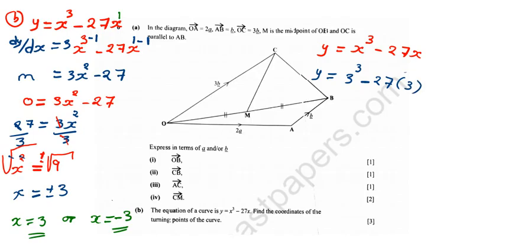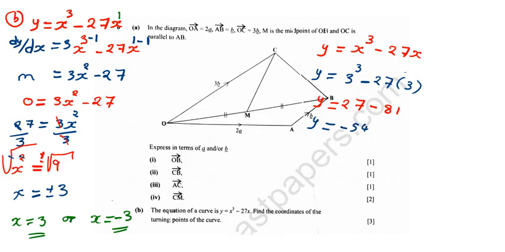So y is equal to 3 to the power 3, which is 27, because I'm multiplying 3 times 3 is 9, 9 times 3 is 27. Then negative 27 times 3 gives negative 81. So y is equal to 27 minus 81, and I'm getting negative 54.